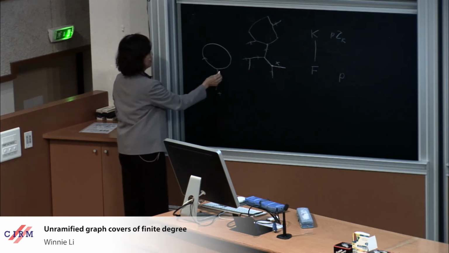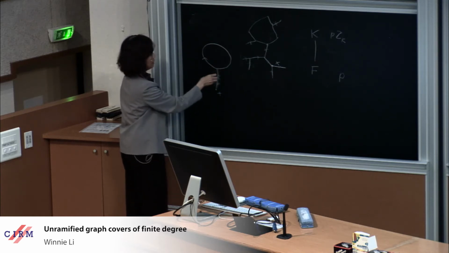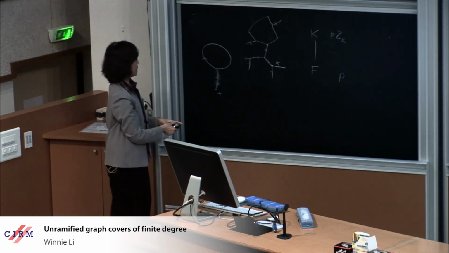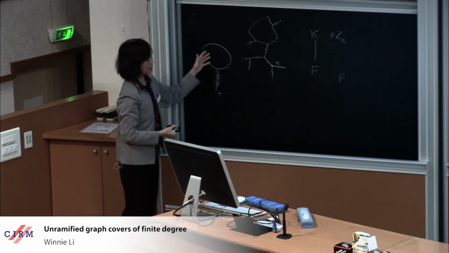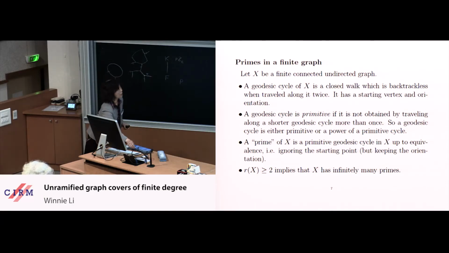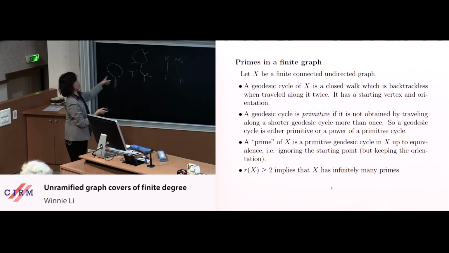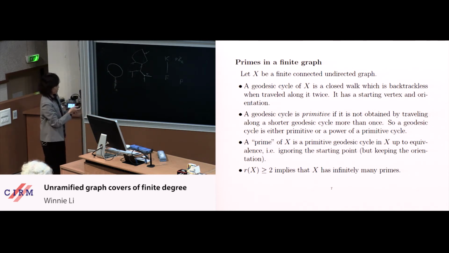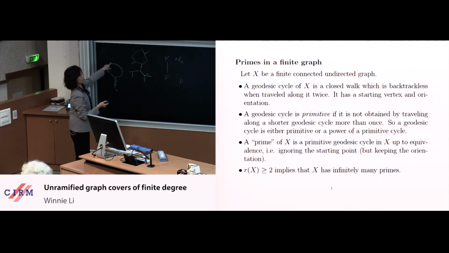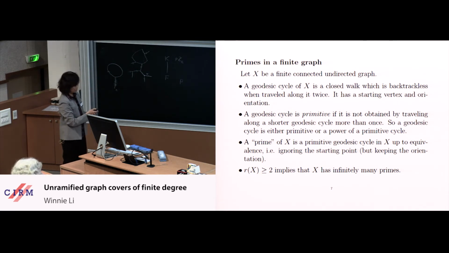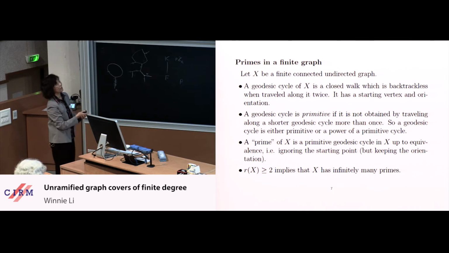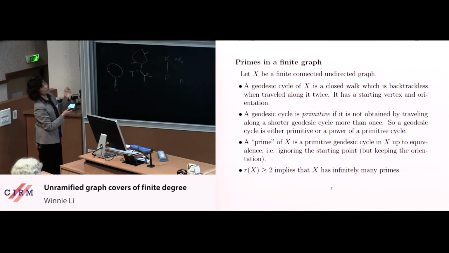The ones you have in mind are those without the tails. Okay. So to say that, that means that if I travel along it twice, there's no backtracking, then that is a geodesic cycle. Okay. And so if I look at the geodesic cycles, some of them we call primitive. That is, it's not obtained by traveling along a shorter geodesic cycle more than once. Okay. So if we look at all the geodesic cycles, they are either primitive or a power of a primitive cycle.